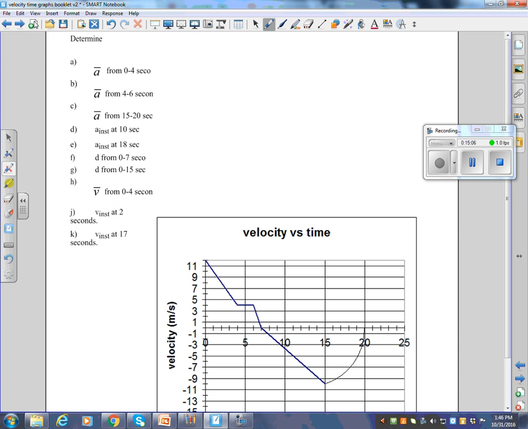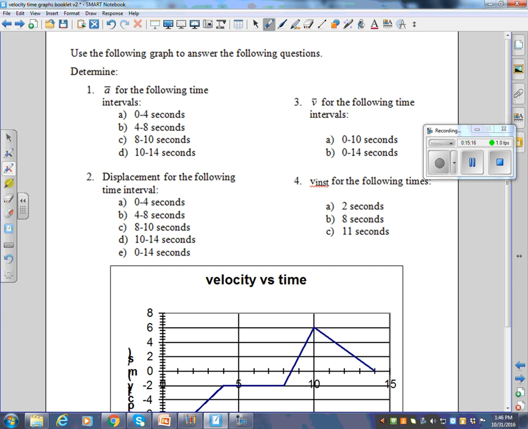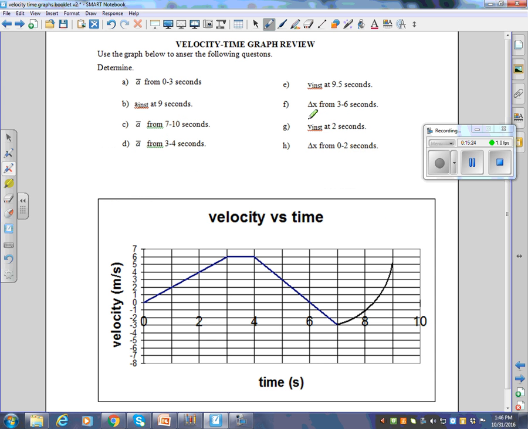In graph number 2, you can do A to E. In graph number 3, you can do questions 1 and 4. Okay, and we'll do the rest tomorrow. I'm going to leave graph number 4 out because they're kind of all over the place.